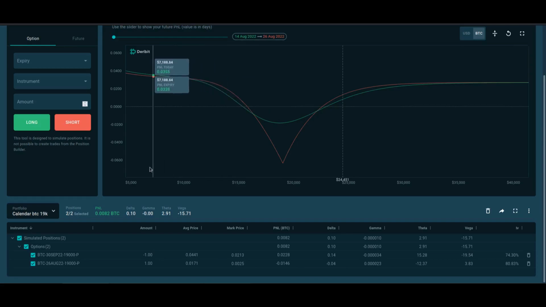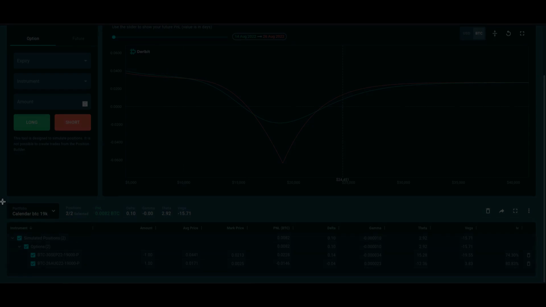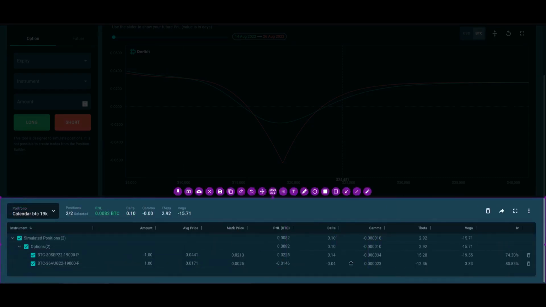But a calendar is also used for trading volatility. So we can see our Greek parameters here. Delta means the linear direction of our position. Positive delta means we took a long direction. Negative delta means we took a short direction.